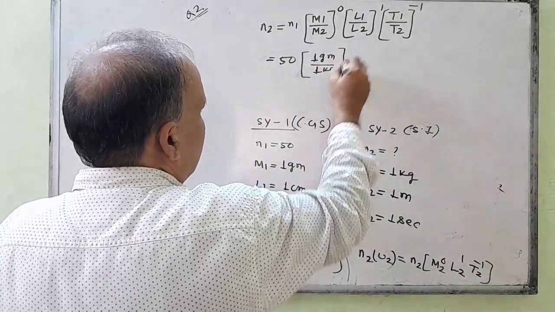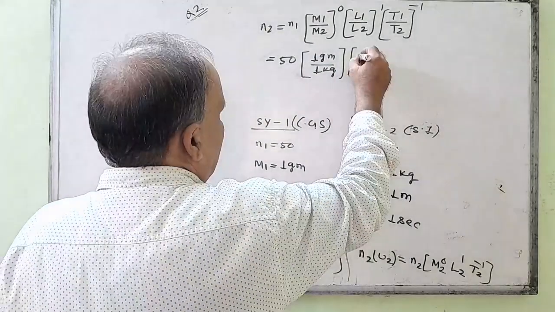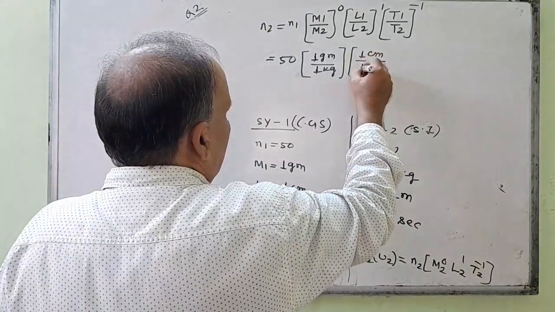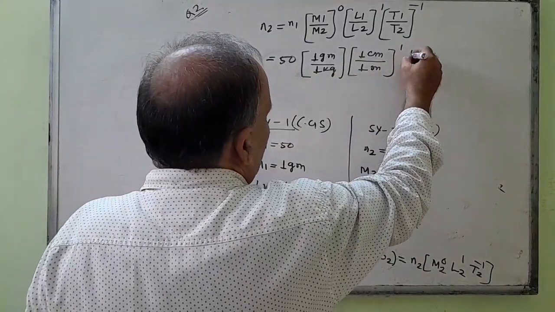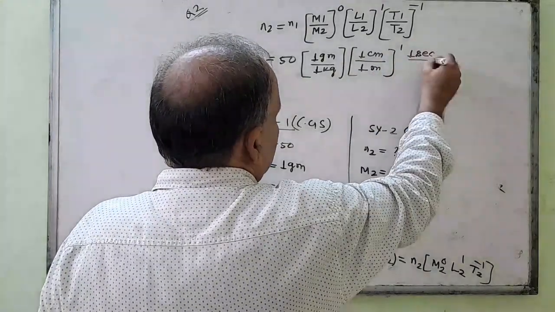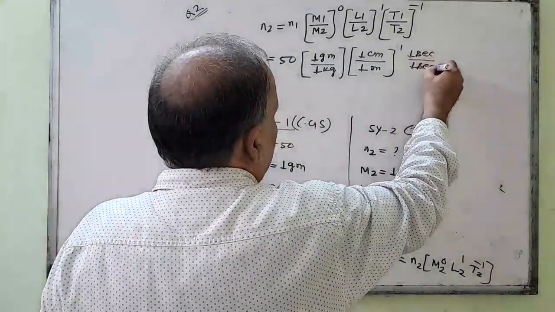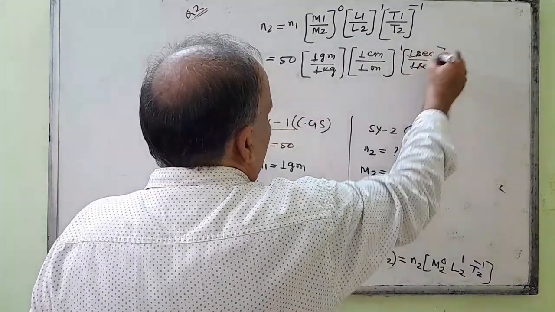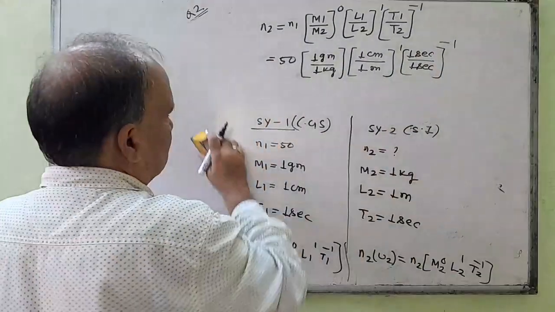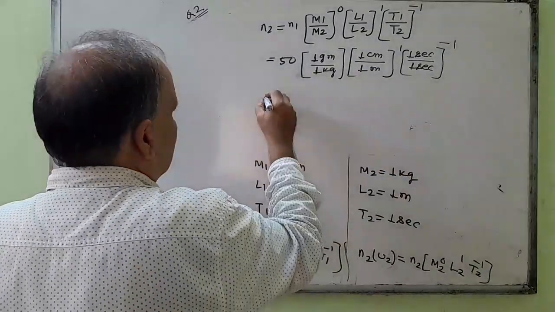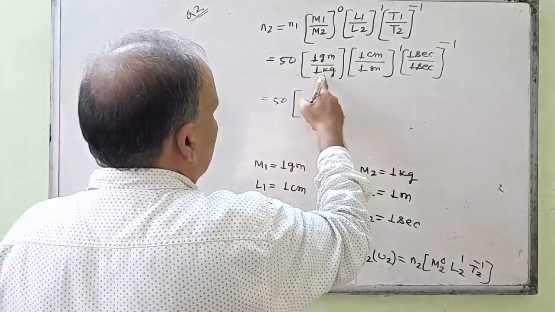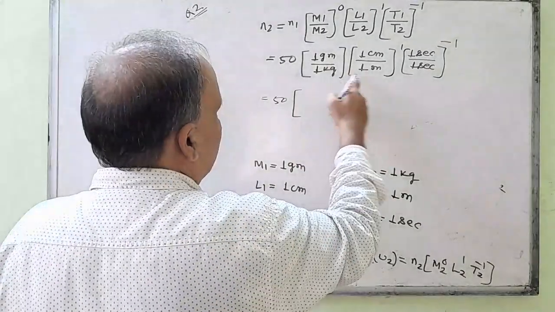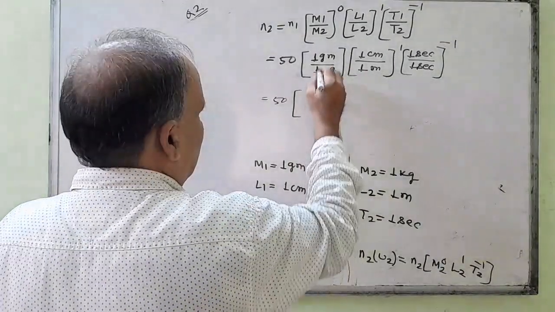You remember, this is your 1 centimeter by 1 meter. This is your 1 second by 1 second to the power minus 1. You see, this is your 50. I have already told you, don't change denominator, we change numerator.